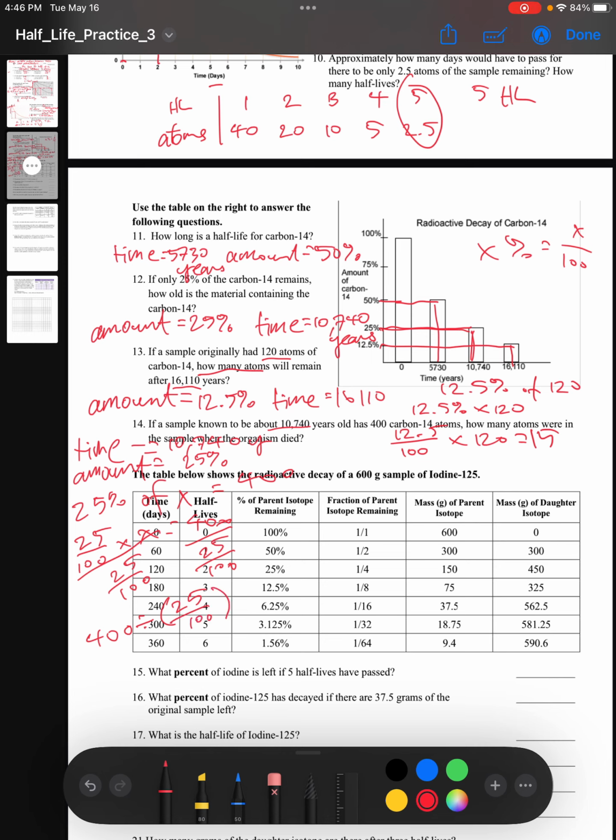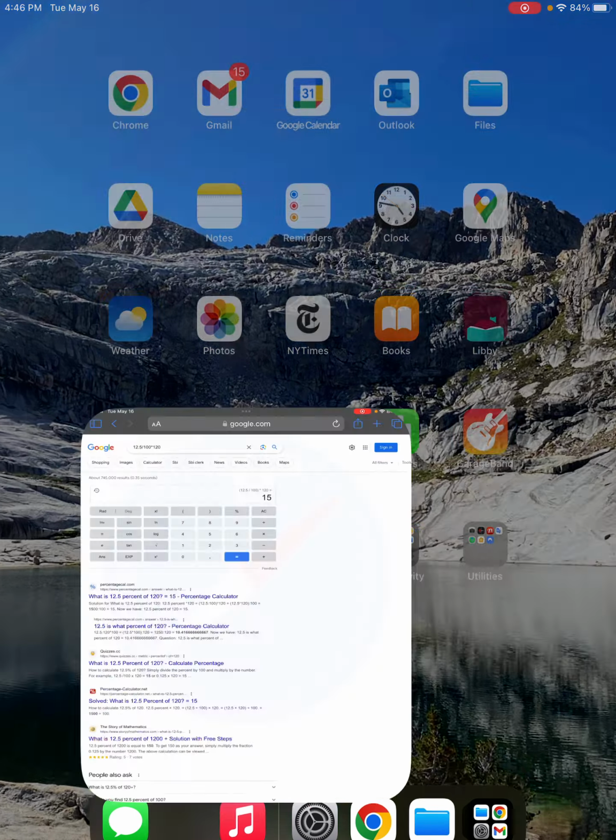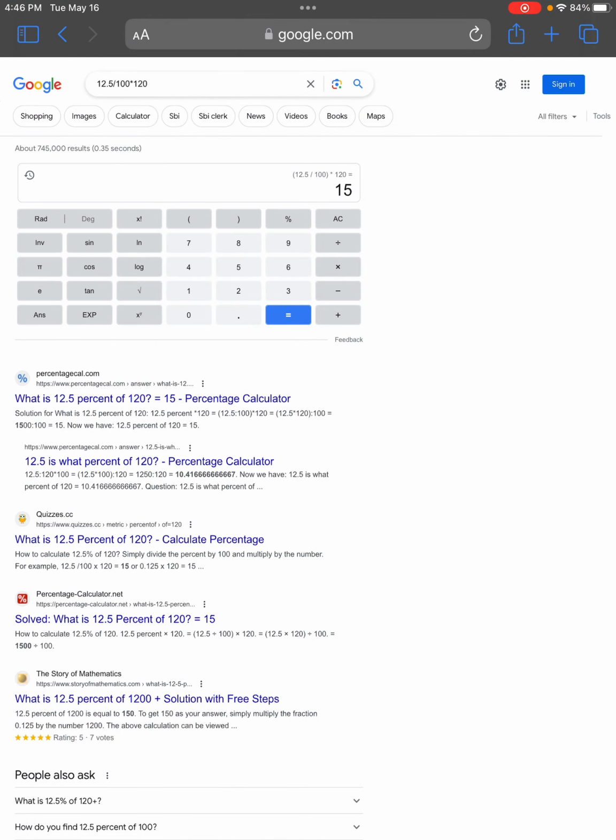Let's do that in our calculator. 400 divided by 25 over 100. Oops. 100. That equals 1,600.